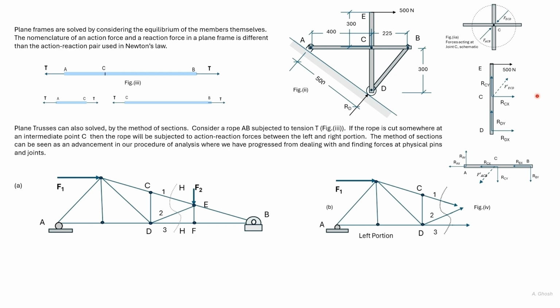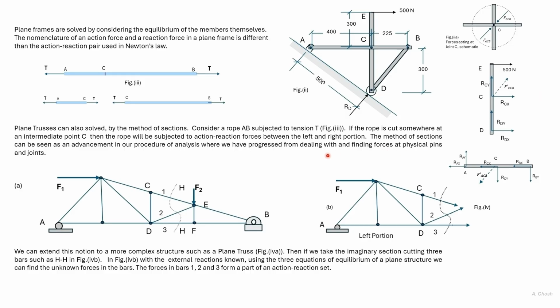This idea can be extended to more complex structures such as a truss. With a truss such as this, we can find out the external forces acting on the truss to start with. Then, if we take an imaginary section at HH, there are action-reaction sets acting in bar 1, 2, and 3.